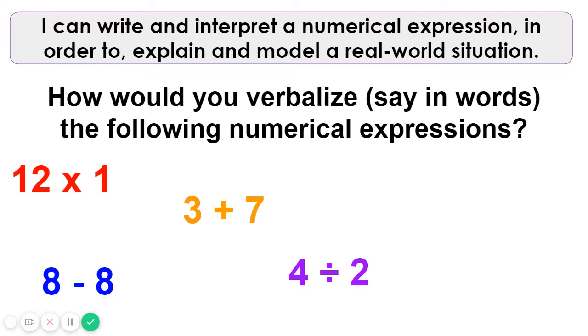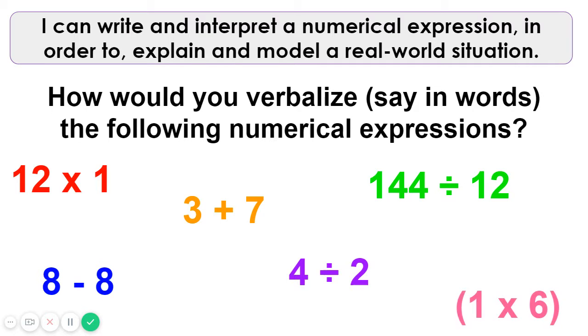This one is 4 divided by 2. 144 divided by 12. And 1 times 6. Even though it's in the parentheses, we just say 1 times 6, or we can say 1 multiplied by 6. It would be the same thing.